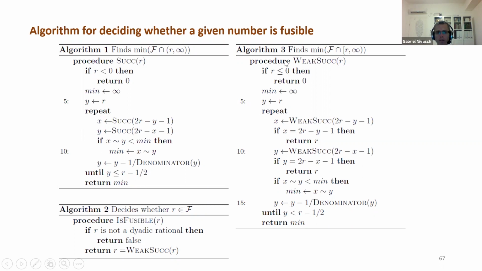And this algorithm number 3 finds the next fusible number, including the number itself if it's fusible. So if the given number is fusible, it returns the number itself. To decide whether a given number is fusible, you call algorithm 3 and see whether it returns the number itself or not. That's our algorithm. Won't get into the details.